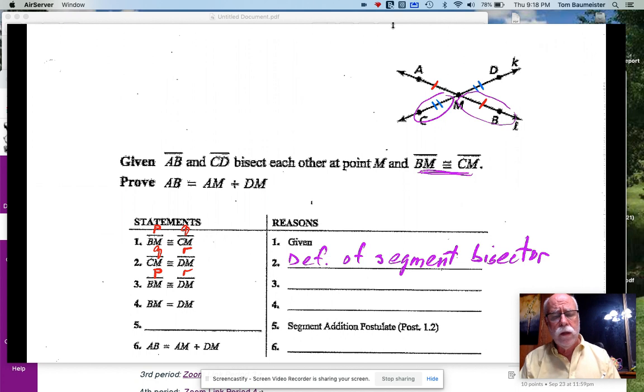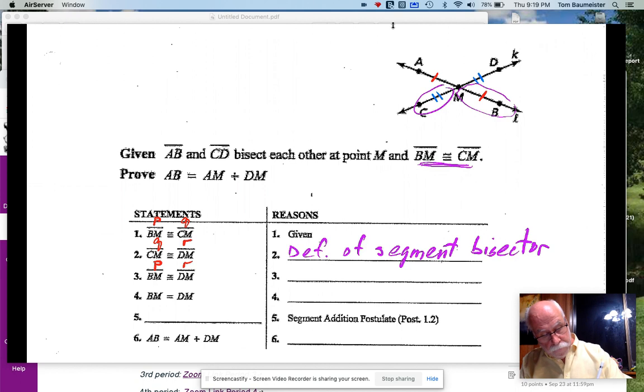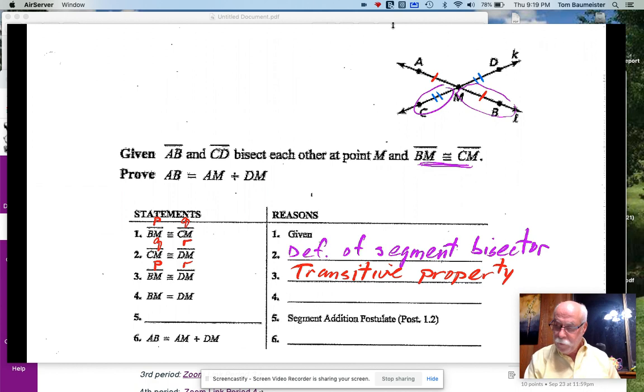If P is congruent to Q, Q is congruent to R, then we can say that P is congruent to R. And what property was that? We just talked about it. Transitive property. I should have moved it back to purple, but that's okay.